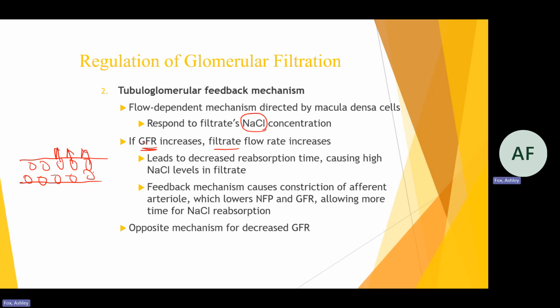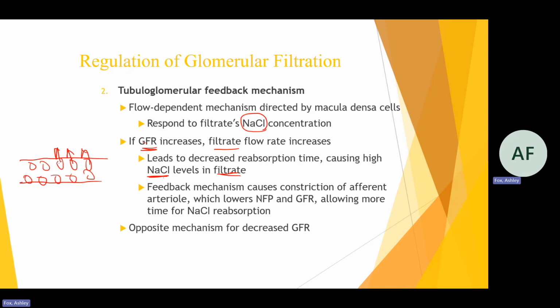So you have decreased time to reabsorb by doing that. So you're increasing your rate, it's flowing by really fast. You can't pick out all the sodium chloride that you want to. So that's going to cause an increase in sodium chloride in the filtrate because you can't pick it out.